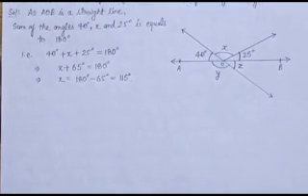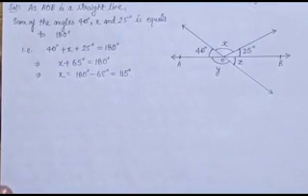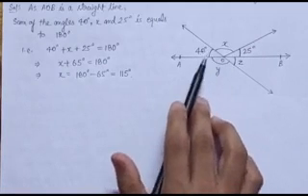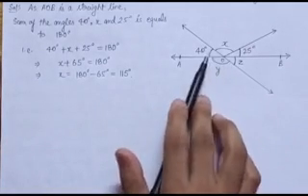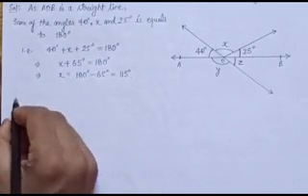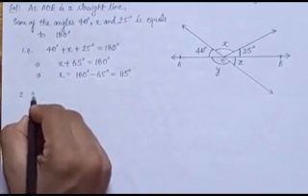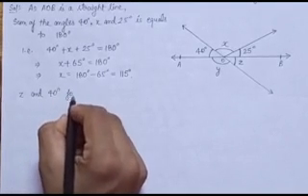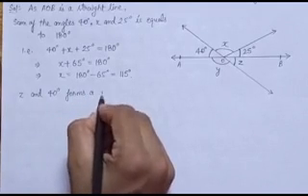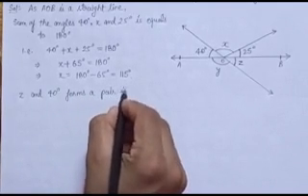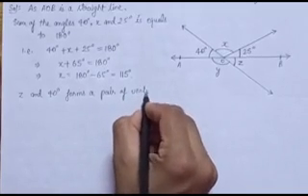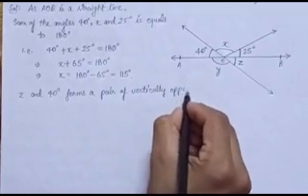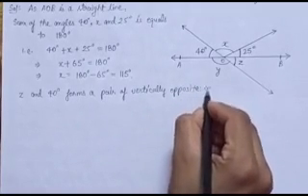When you observe this adjoining figure carefully, you can see that z and 40 degrees are vertically opposite angles. So we can write z and 40 degrees form a pair of vertically opposite angles.